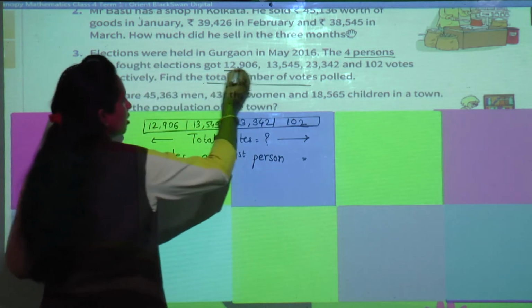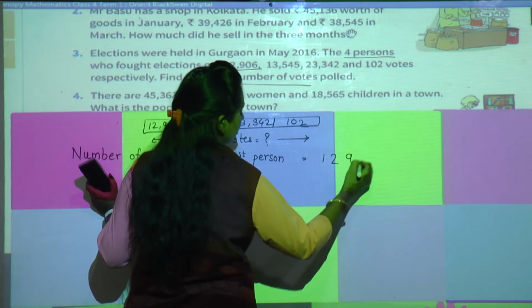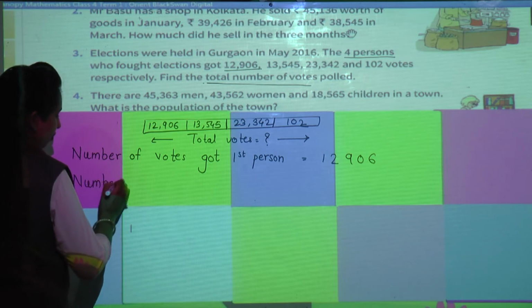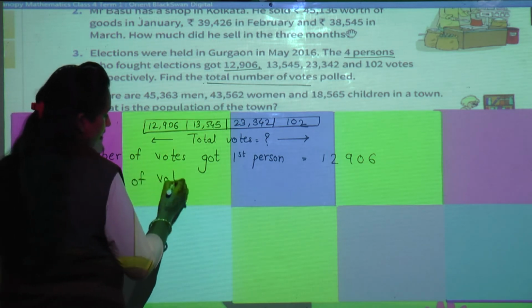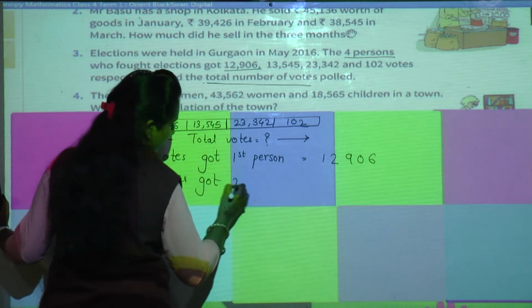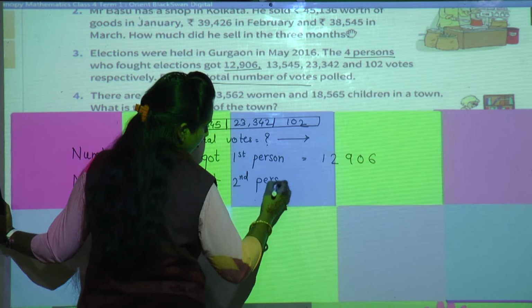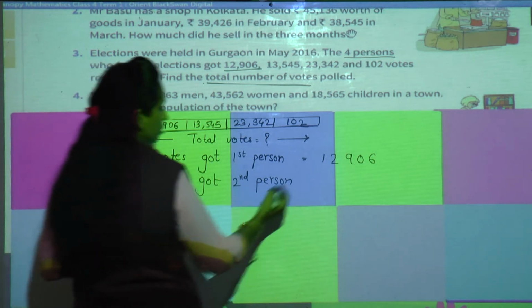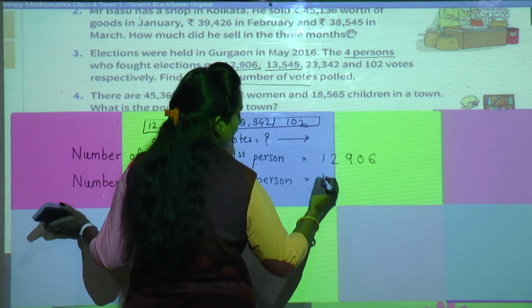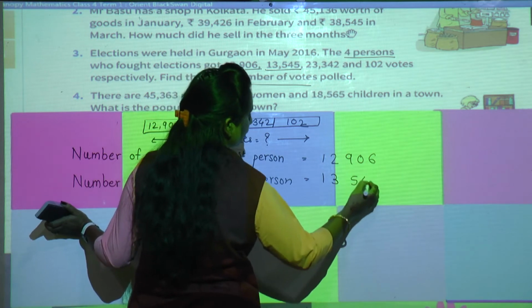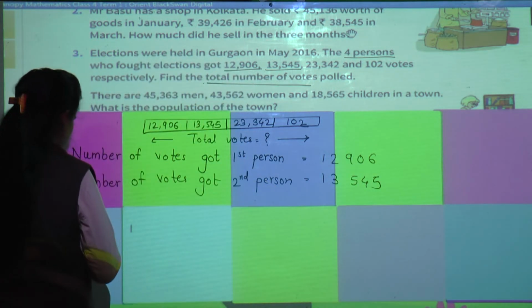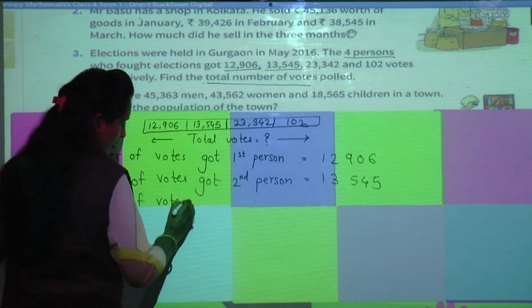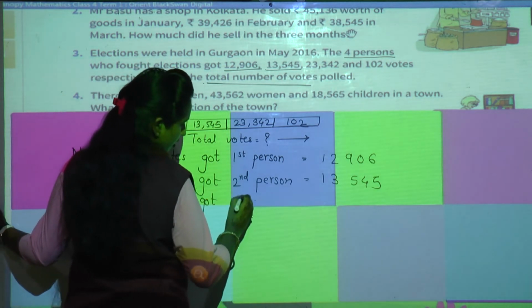How much? See, 12,906. And the same sentence continues. Number of votes got by the second person, or else you can write first person got these many votes, second person got these many votes. Okay, what about the second person? How many votes did he get? 13,545. And number of votes got by the third person.